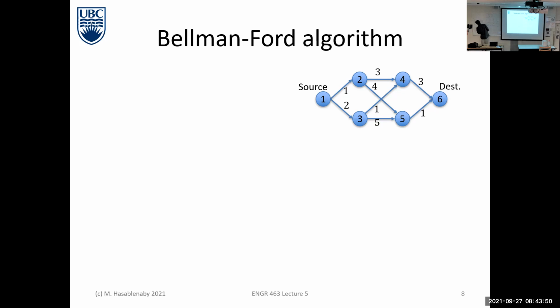So 1 to 2 is going to be 1 again, plus the last value of 2, which is 5. And 1 to 3 is going to be 2 for the travel, and then the last value of 3.